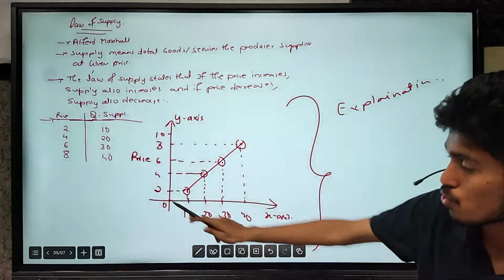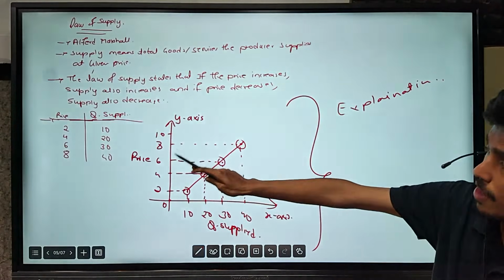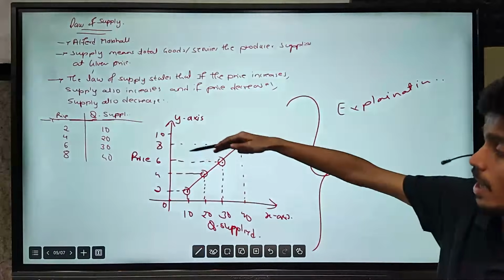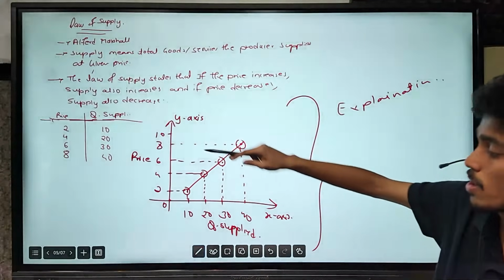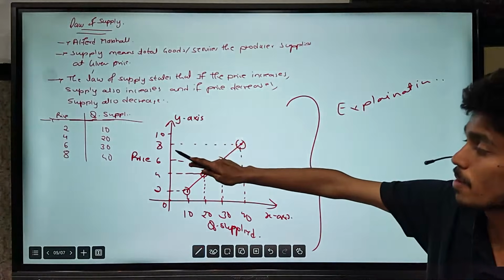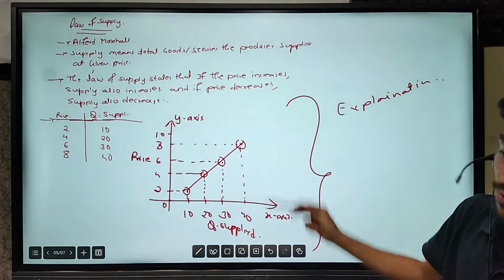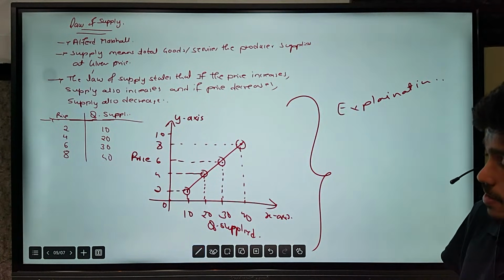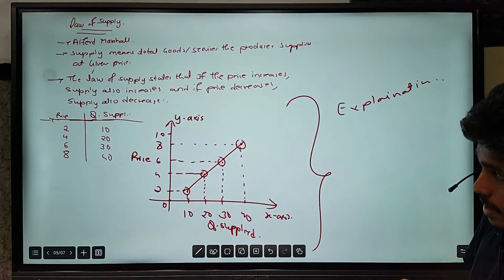When the price was 2, the quantity supplied was 10, and when the price increased to 4, the quantity supplied was 20, and when the price increased to 6, the quantity supplied was 30, and when the price was 8, the quantity supplied was 40. So from the above graph we can state that as the price increases, the quantity supplied also increases.